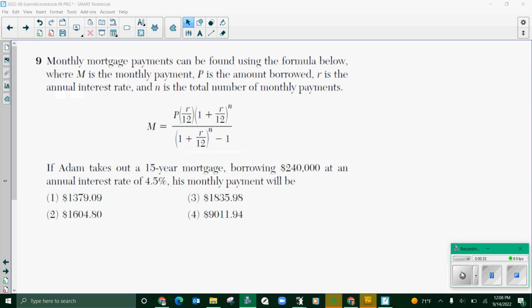Number 9. Okay, monthly mortgage payments can be found using the formula below. That is a very complicated formula, where M is the monthly payment, P is the amount borrowed, R is the annual interest rate, and N is the total number of monthly payments.